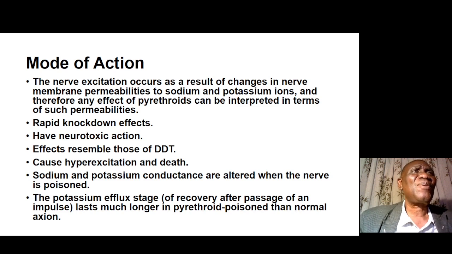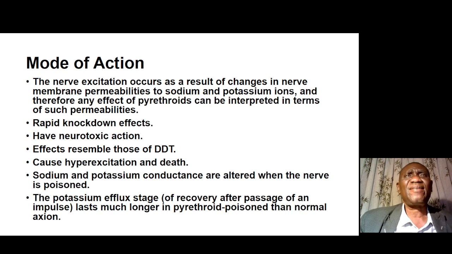Let us talk about the mode of action. The nerve excitation occurs as a result of changes in the nerve membrane permeabilities to sodium and potassium ions, and therefore any effect of pyrethroids can be interpreted in terms of such permeabilities.